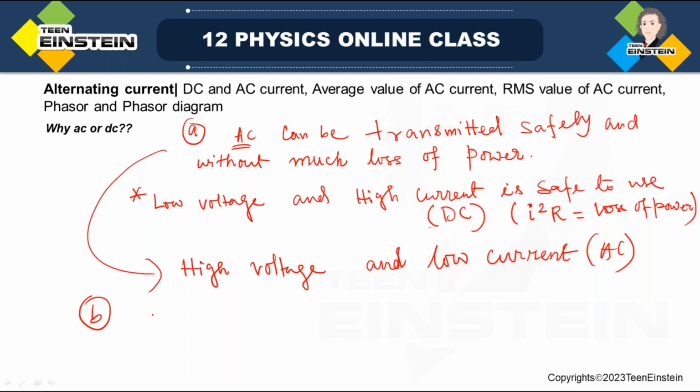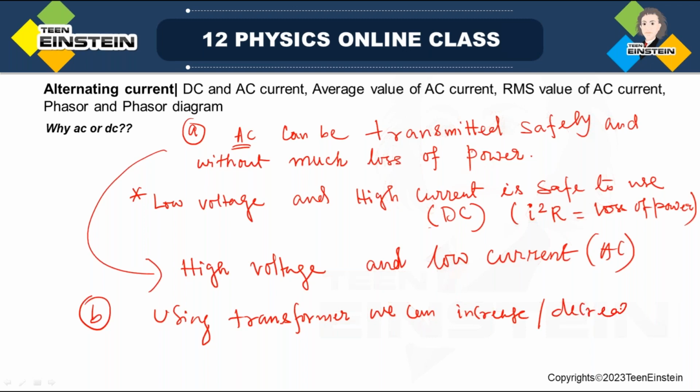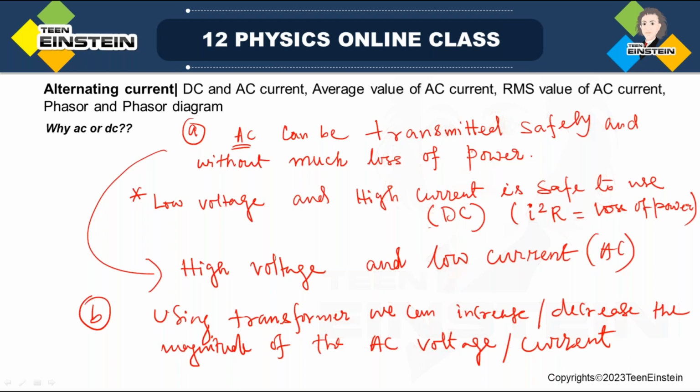The second point is that using a transformer, we can increase or decrease, or alter, the magnitude of the AC voltage or current whenever required. But this cannot be done in case of DC.